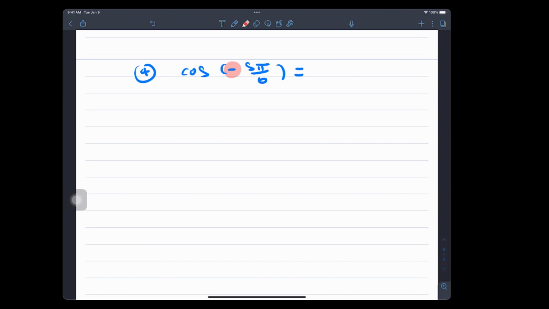What do you want to use if it's a negative angle? Is cosine even or odd? It's even. So what does that mean? It means I don't care that you're negative. You guys okay with that? It means you don't care it's negative. That's what it means.